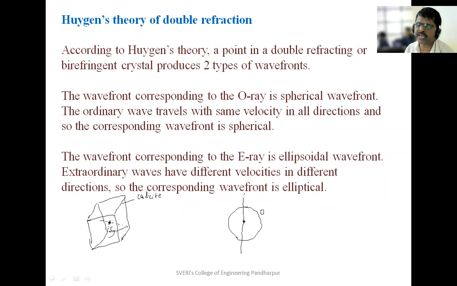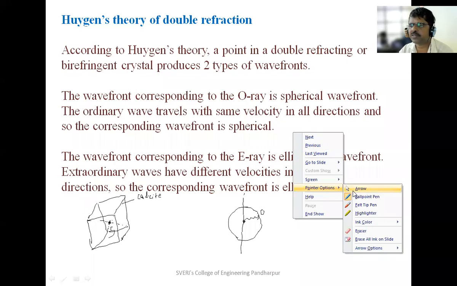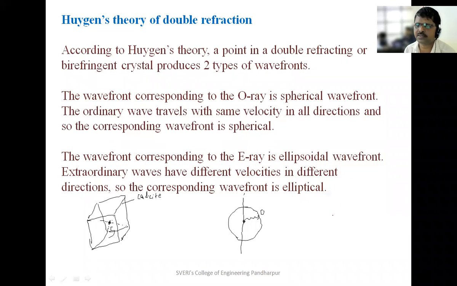Suppose this is the ordinary one. Why ordinary? Because the velocity of the ordinary ray is the same in all directions. Which is the second wavefront? Extraordinary. The shape of the extraordinary wavefront is elliptical, because the velocity of the extraordinary ray is different in different directions. In this direction the velocity is different, in that direction it is different. That's why the wavefront is elliptical in shape.